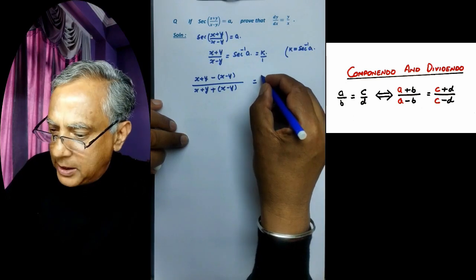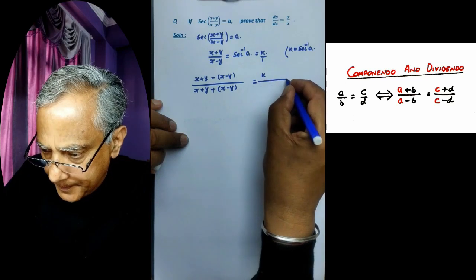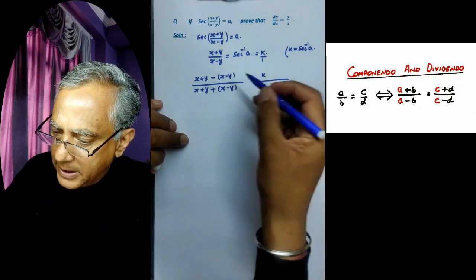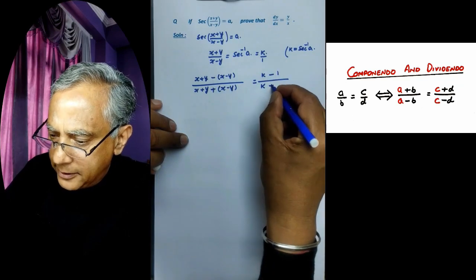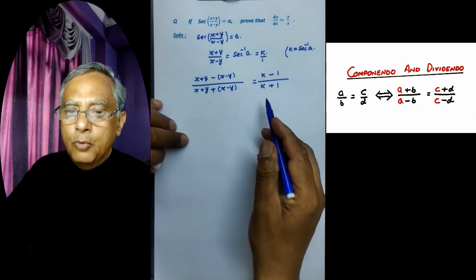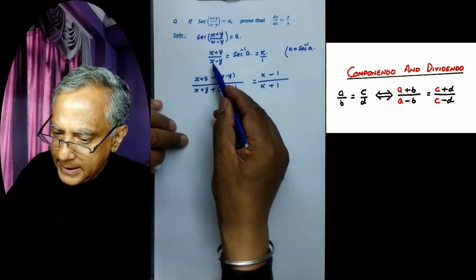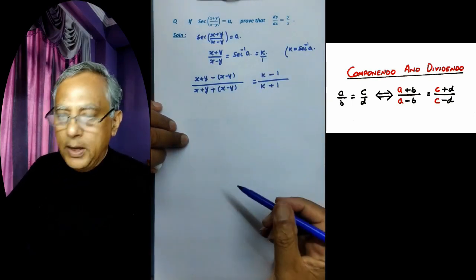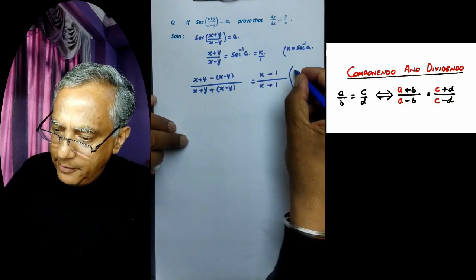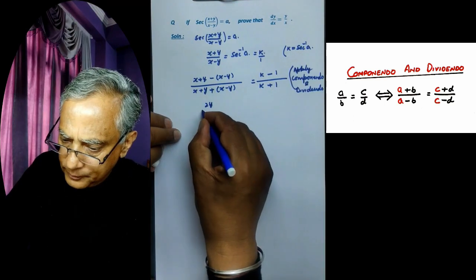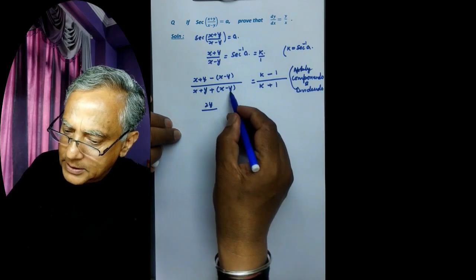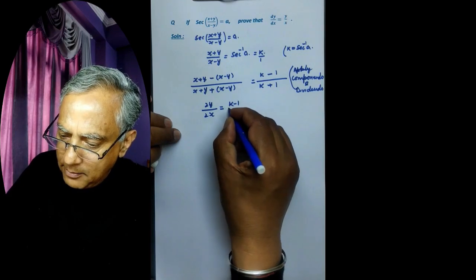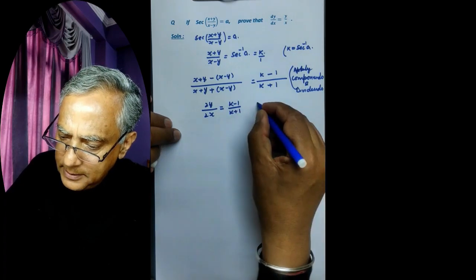And similarly we carry out the simplification on the right hand side, k, and we have subtracted the denominator here and added the denominator. The same should be done on both sides. This minus this over this plus this, k minus 1 over k plus 1. This is componendo and dividendo, and we get 2y divided by 2x, this y cancels with this. This is equal to k minus 1 over k plus 1.